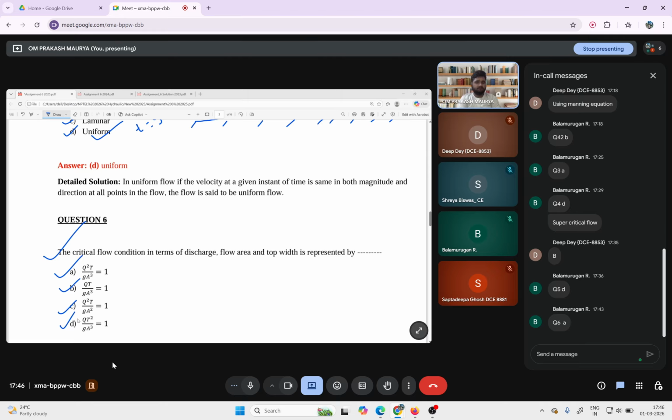I'll wait 1 minute more if you are not able to. Okay, Deep is telling option A. Very nice. Good to see. Others, please also write your answer, whatever you are getting. If you do not know, you can Google also, then you can always remember it also. A lot of options are there, so you can go through them. No issue.